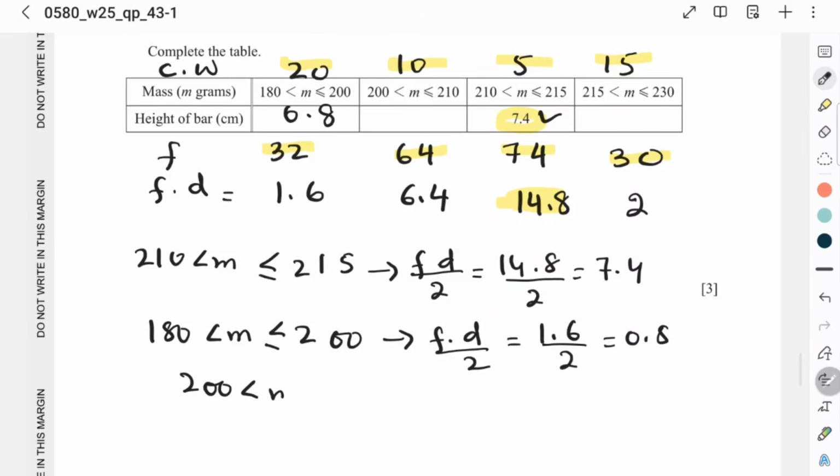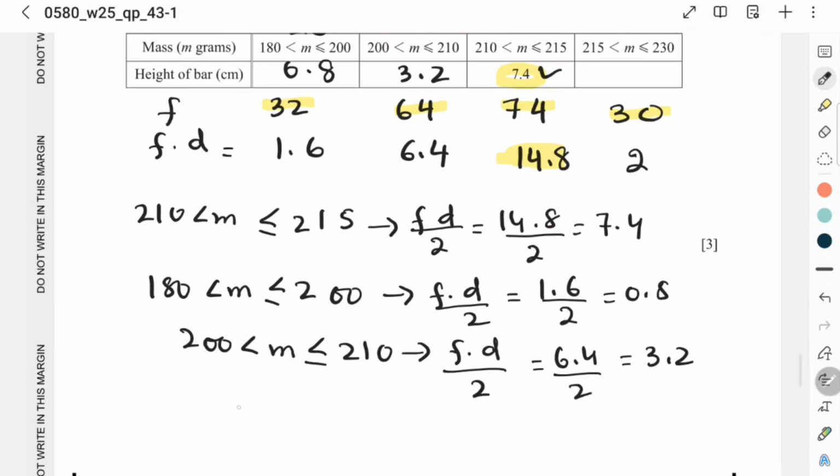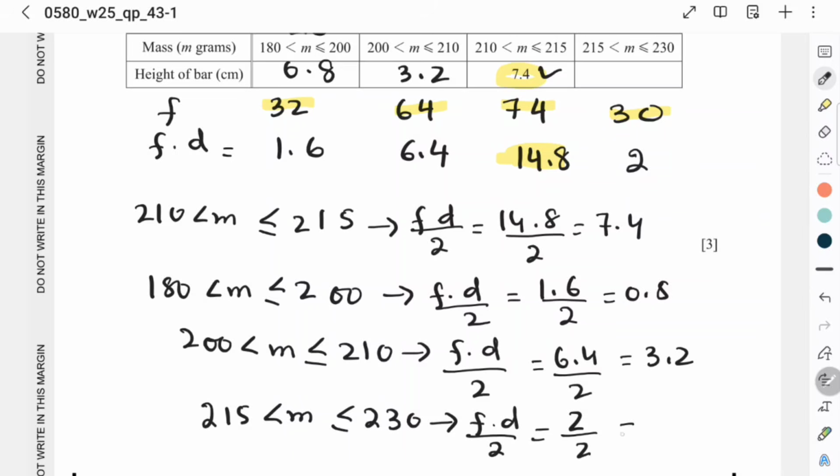And the next one, 200 to 210: frequency density upon 2 is 6.4 upon 2, which is equal to 3.2, the height. And the last one, 215 till 230: frequency density is 2, so 2 upon 2 is equal to 1.